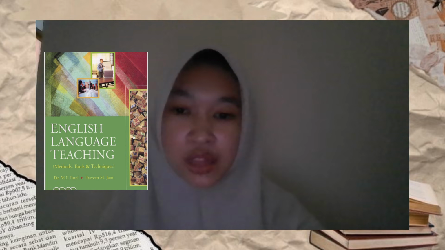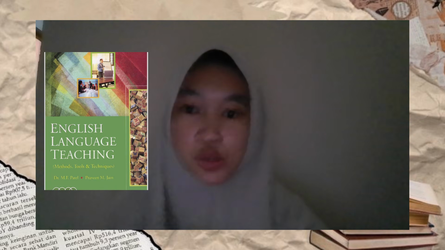The second strength is that the book provides complete information about English teaching methods. For example, the author explained the grammar translation method, direct method, and communicative approach along with their advantages and disadvantages. This helps readers compare different methods and choose the most suitable one for the classroom situation.